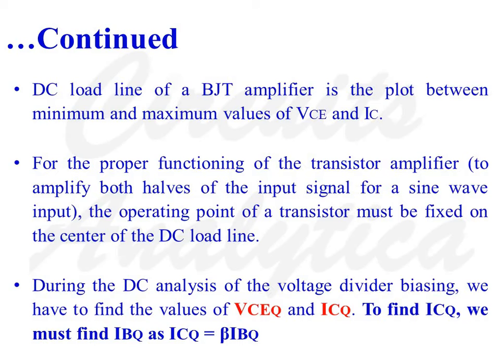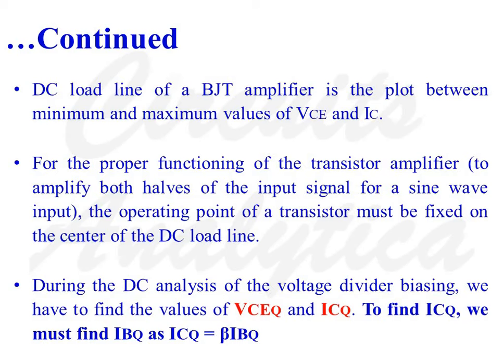During the DC analysis of the voltage divider biasing circuit, we have to find the values of VCEQ and ICQ. To find the value of ICQ, we must find the value of IBQ, as ICQ is equal to beta times IBQ.